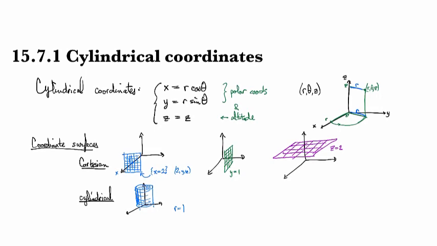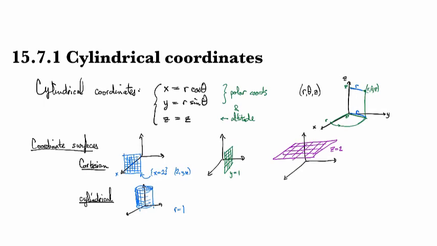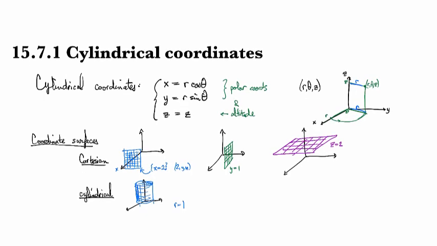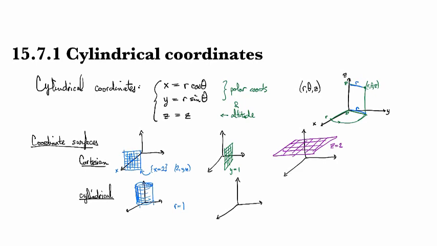So there's our surface for r equals 1. And so if you're setting up a region for a triple integral and you're trying to figure out how to set it up, if it has surfaces that look like cylinders, then there's your hint that cylindrical coordinates are a good way to go. Or even if they're just symmetric about an axis, like an axis of rotation kind of thing.